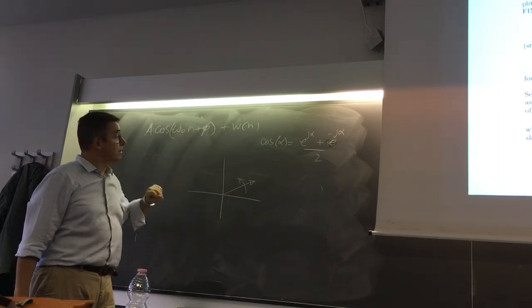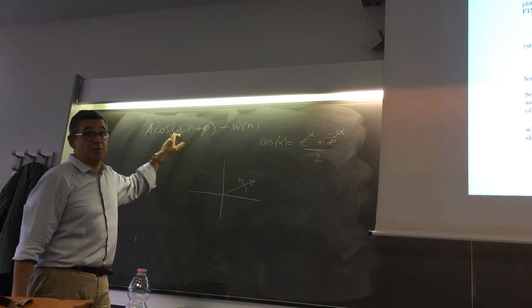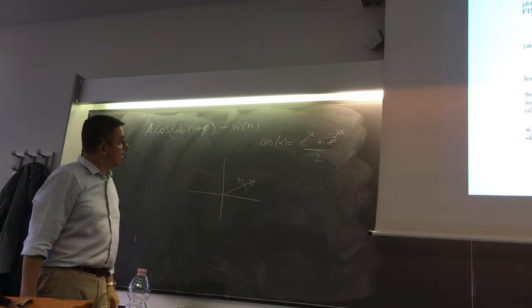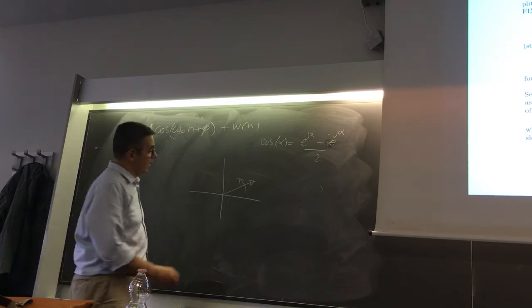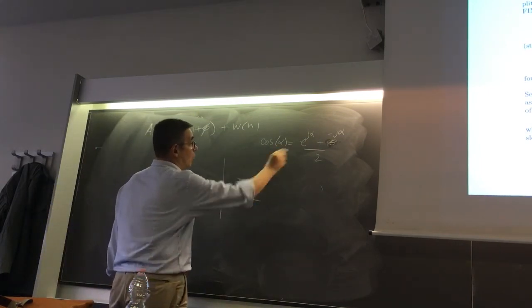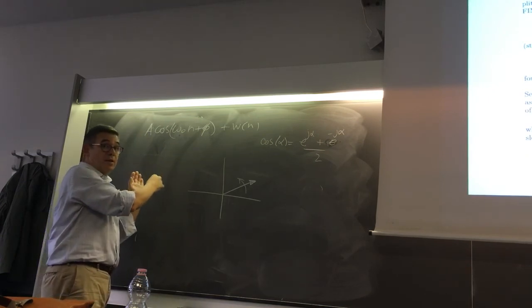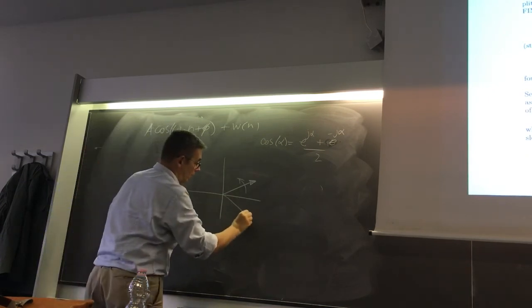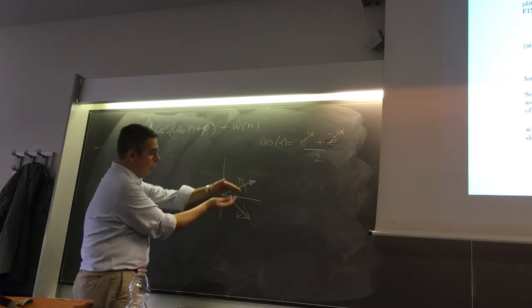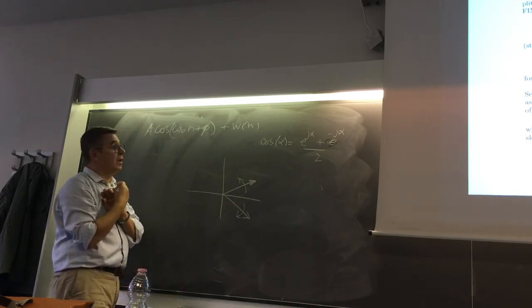So the angular speed of rotation is omega. This is the vector representing one of the 2. I can take this cosine and write the vector and the other vector that is rotating in the other direction. They compound, they get a real one.